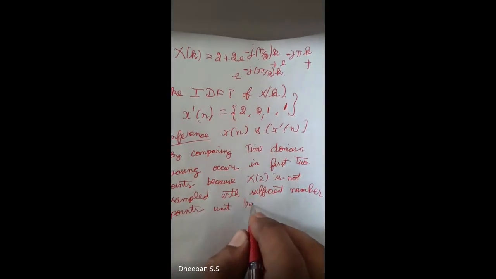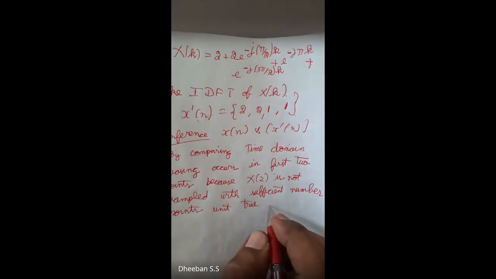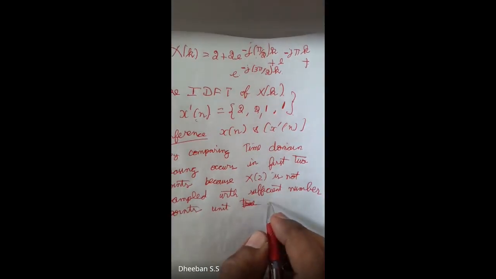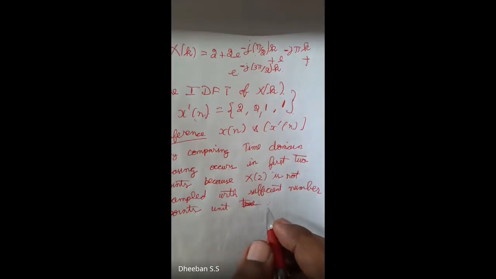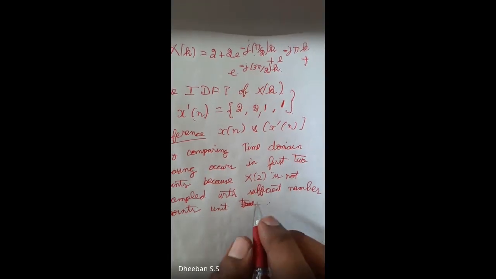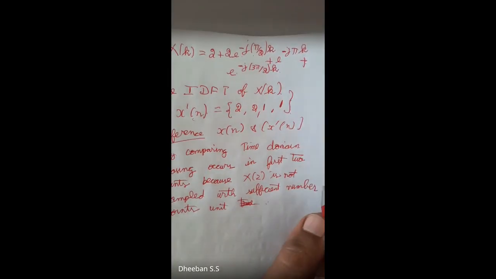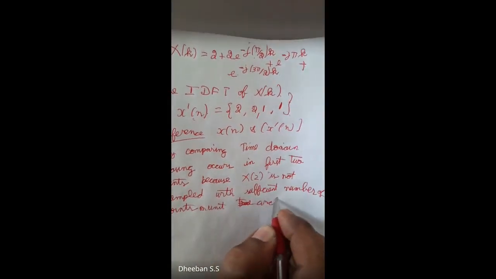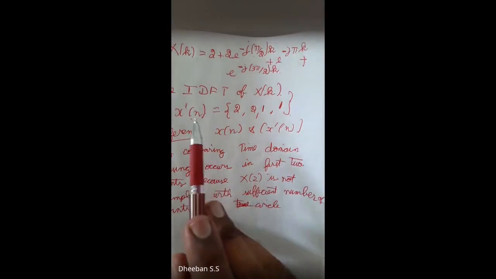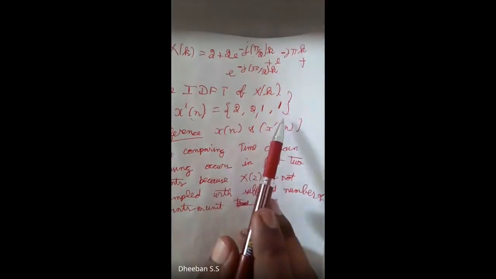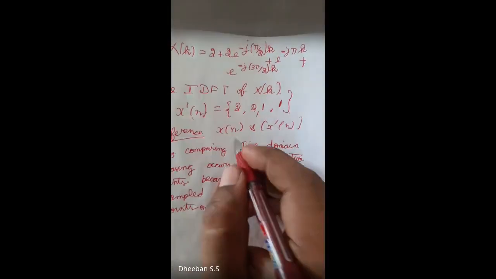Why? Because over here in x dash of n you will be getting only 4 samples, but in terms of x of n you will be getting 6 samples.